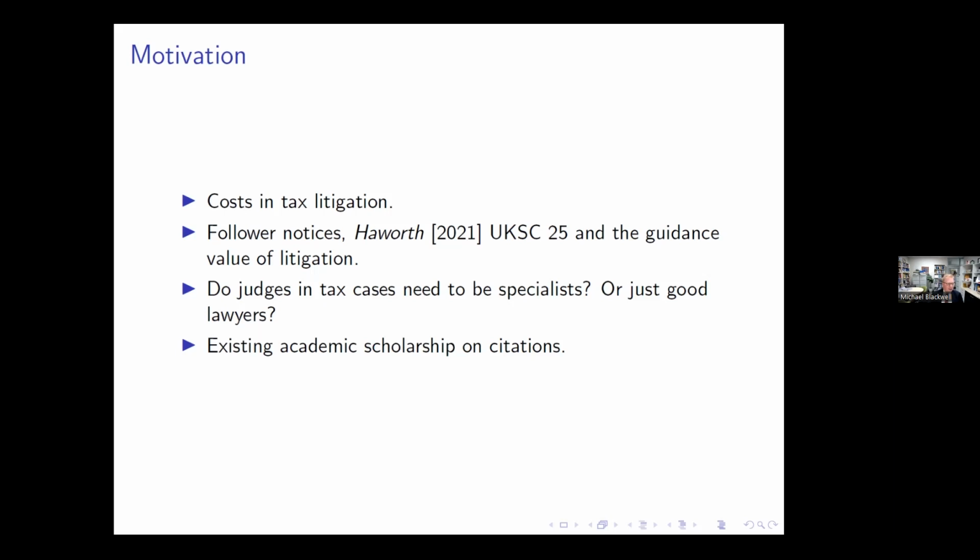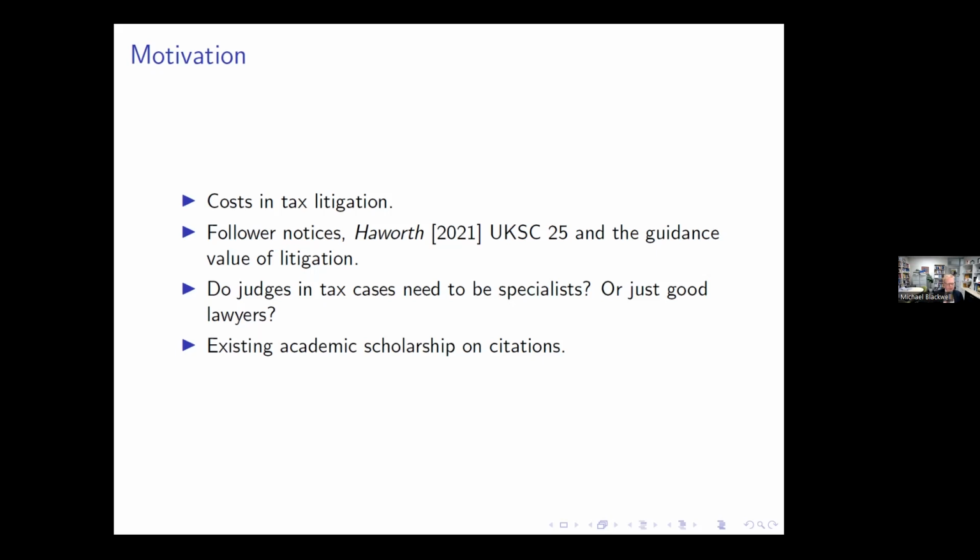This was because litigation of VAT cases was thought to be very important because it would help people understand how the system worked. When the new tribunal structure was introduced about 12 years ago now, that was reversed. And so we don't have that asymmetrical cost policy anymore. So that's an example of what costs should be.